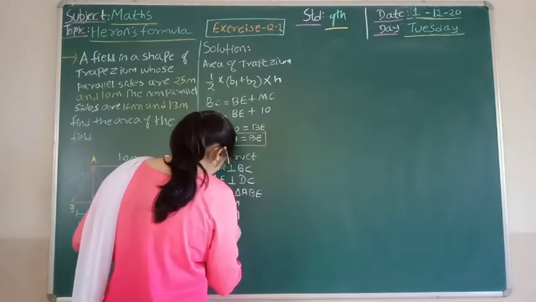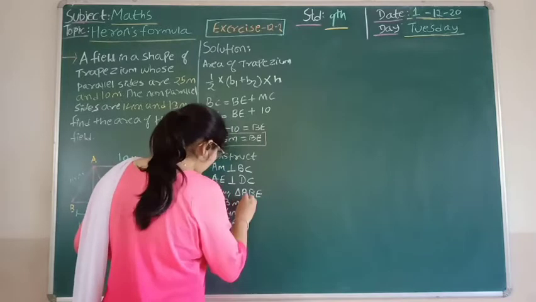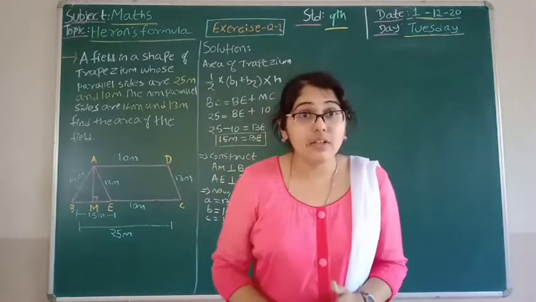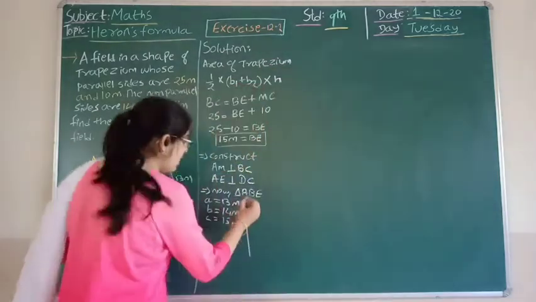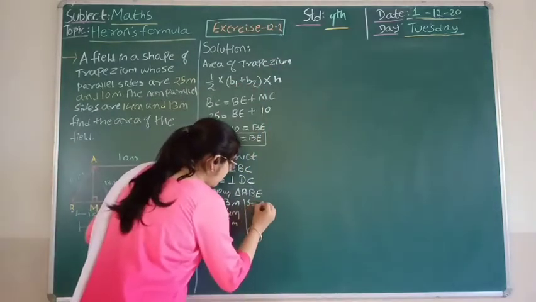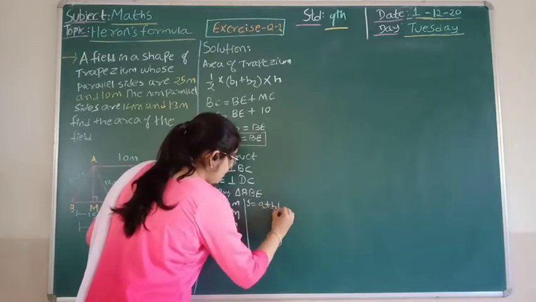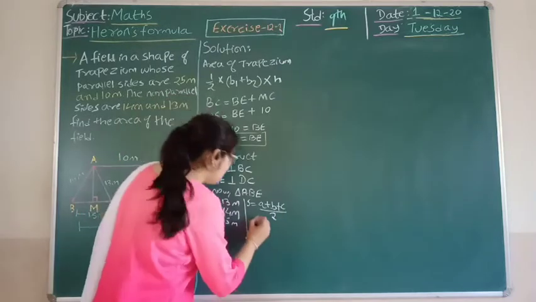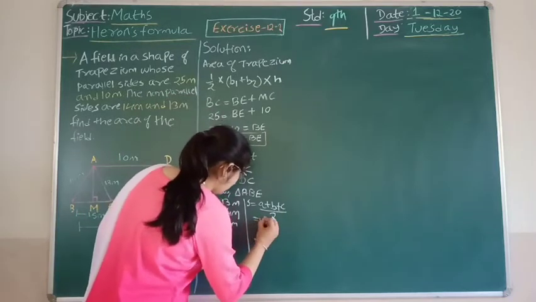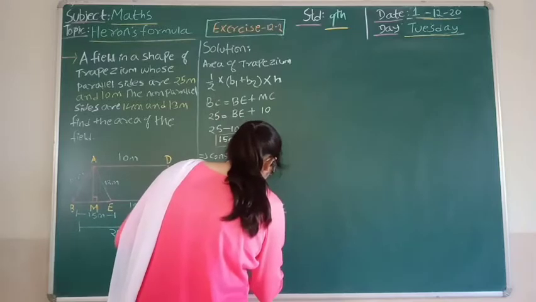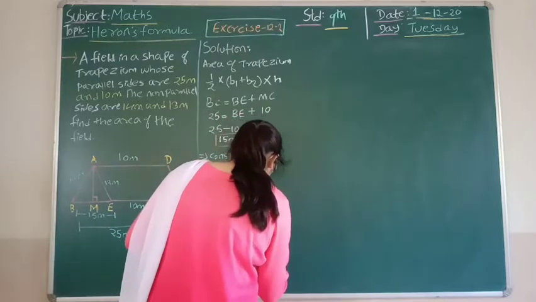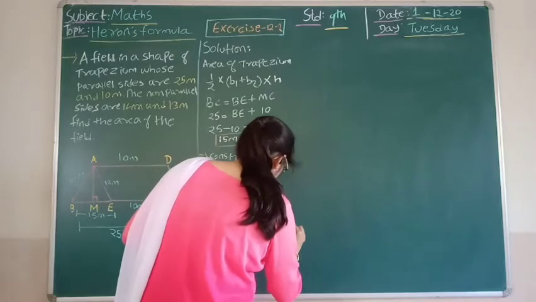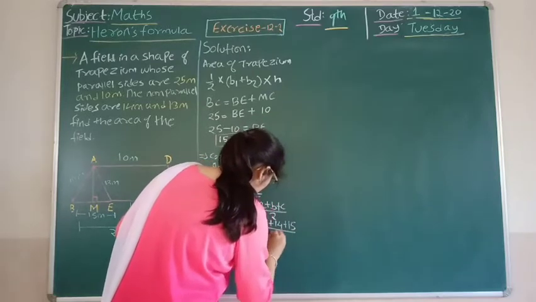So I am getting all three sides. Now I need to find the semi-perimeter, that is S. It is equal to (a plus b plus c) whole divided by 2, which is equal to (13 plus 14 plus 15) whole divided by 2.